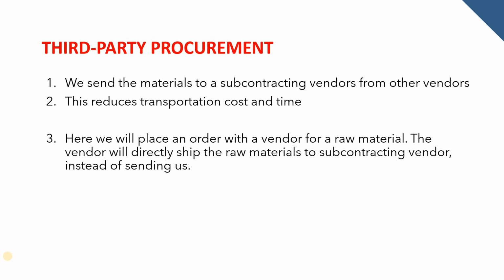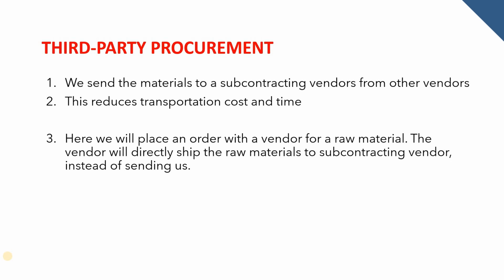The same thing applies with the customer also. Suppose a customer wants to purchase something from us, and we don't have that material, we will tell the vendor to get the material and directly send it to the customer, and we will do the remaining invoicing and all those settlements later.